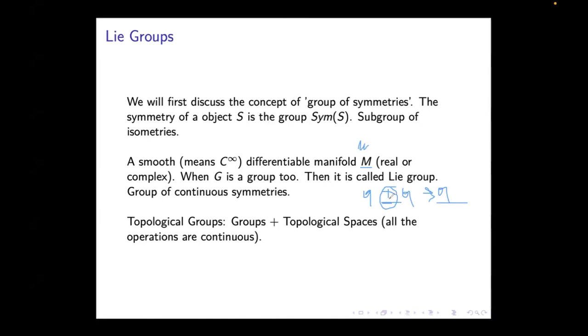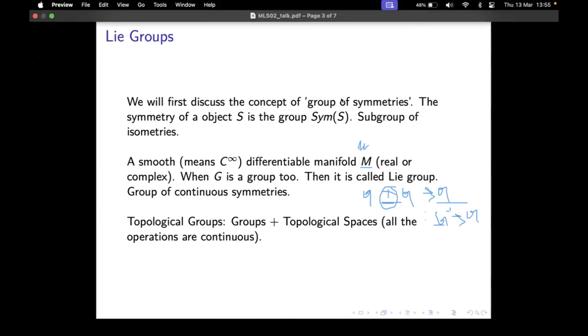How do I call the inverse? Let me create a map from G to G. Do not get confused, this is just taking the inverse of an element.